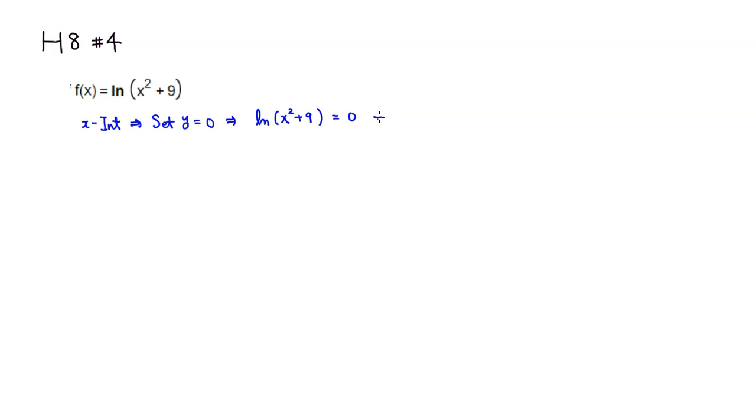If you raise e to both sides, you have e to the natural log of x squared plus 9 is equal to e to the 0. Exponential and log functions are inverses of each other, and e to the 0 is 1.